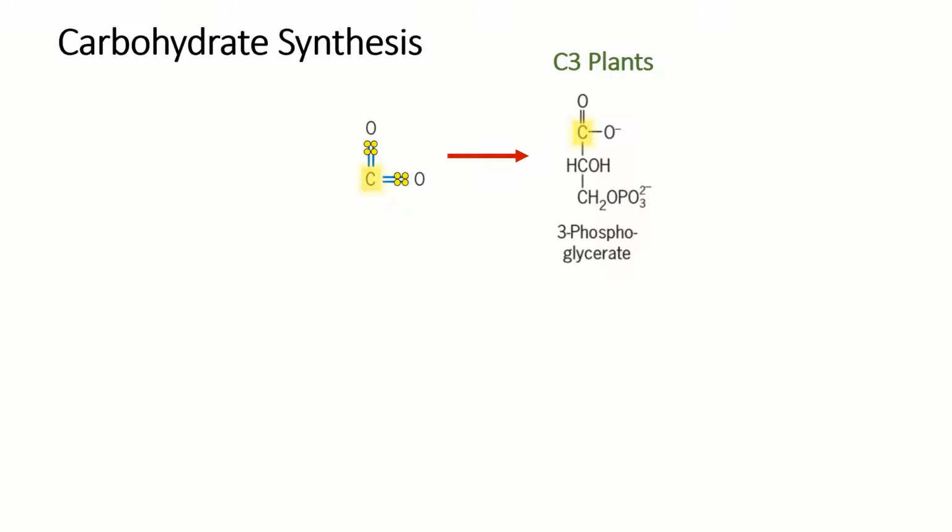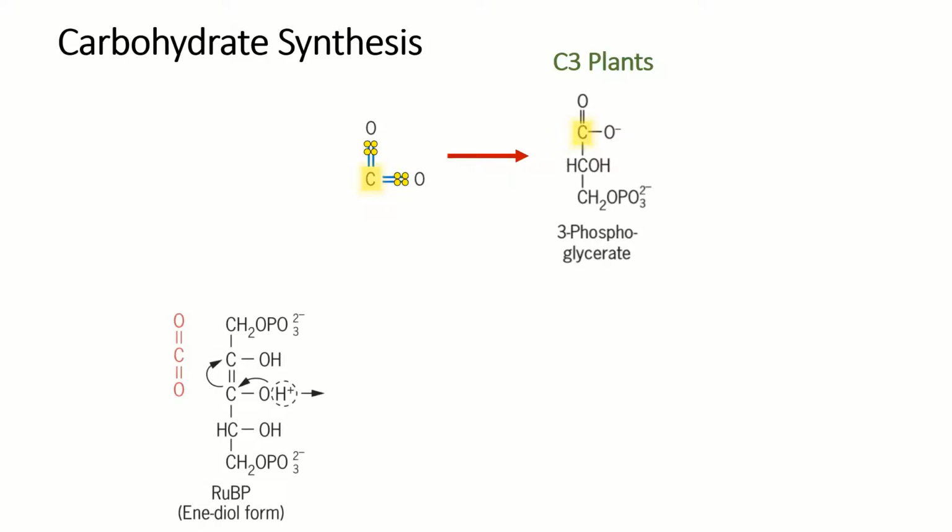Here we can see carbon in carbon dioxide incorporated in 3-phosphoglycerate. But in reality, the carbon dioxide is actually not incorporated directly into the 3-phosphoglycerate. It is first incorporated into a 5-carbon compound called ribulose biphosphate.